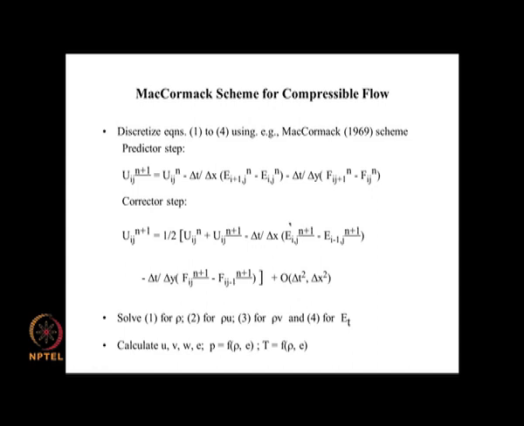So, this is known, and again e i minus 1 j n plus 1 bar, this is known, this is known, this is known, again this is explicit. So, this is an explicit predictor corrector type of approach for the solution of the coupled equations, and this is the MacCormack scheme, which has been used for compressible flow calculations. It was proposed in 1969, and it was a successful method.